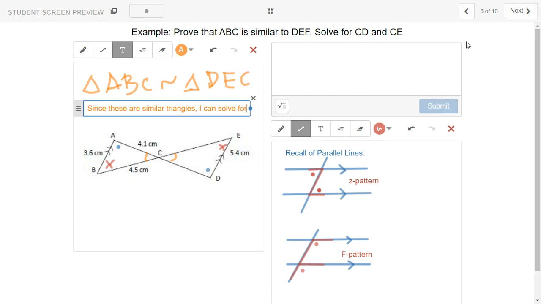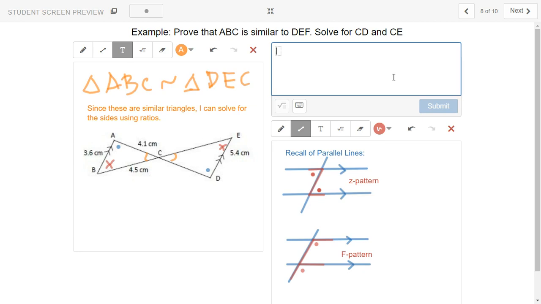I can solve for the sides using ratios. Let's write the statement. So I have AB, this side here, is in proportion to DE. The next one, AC, is going to be in proportion to DC. And the last one, BC, is going to be in proportion to CE.